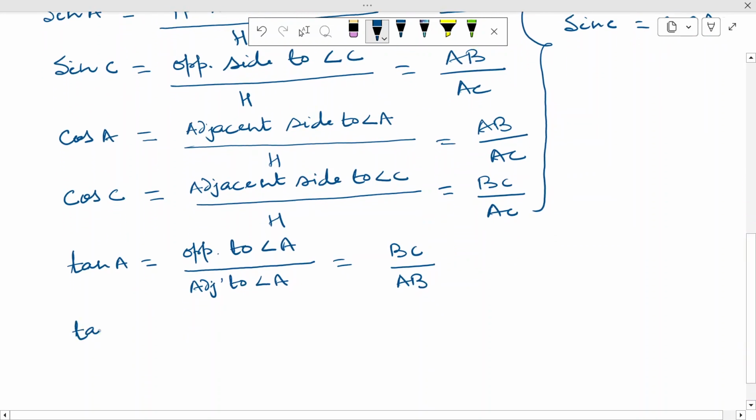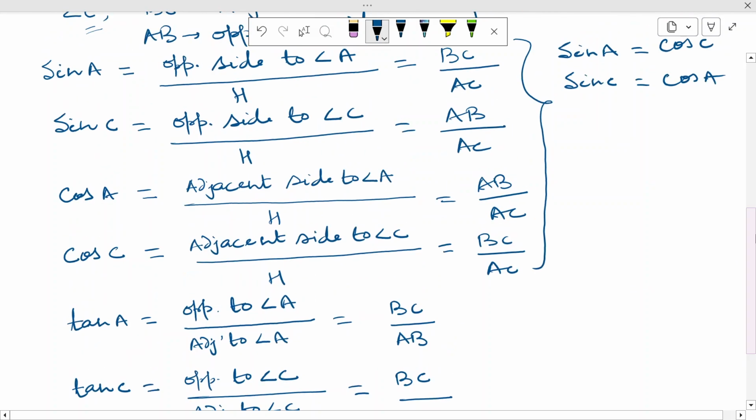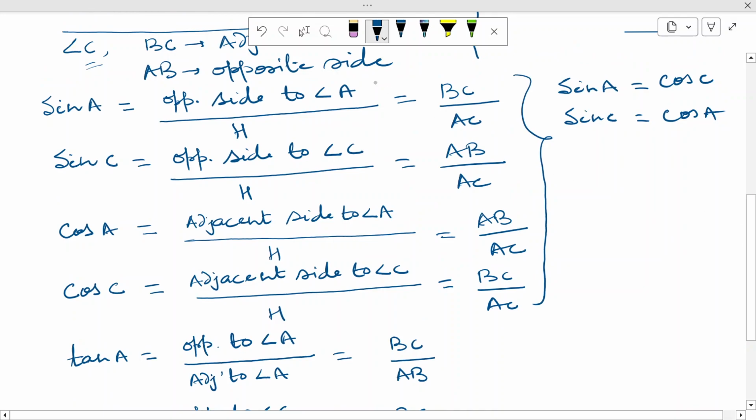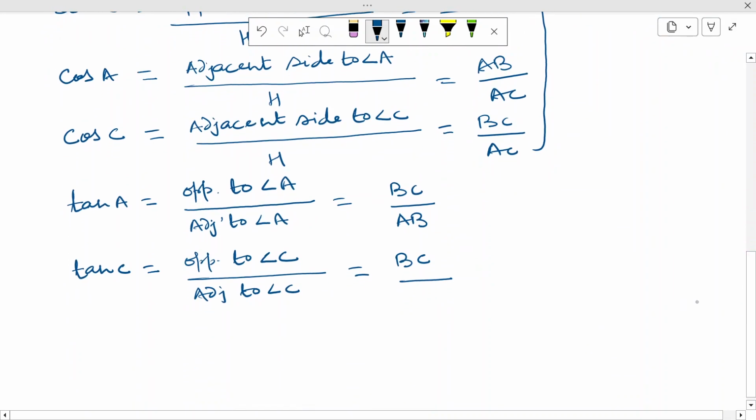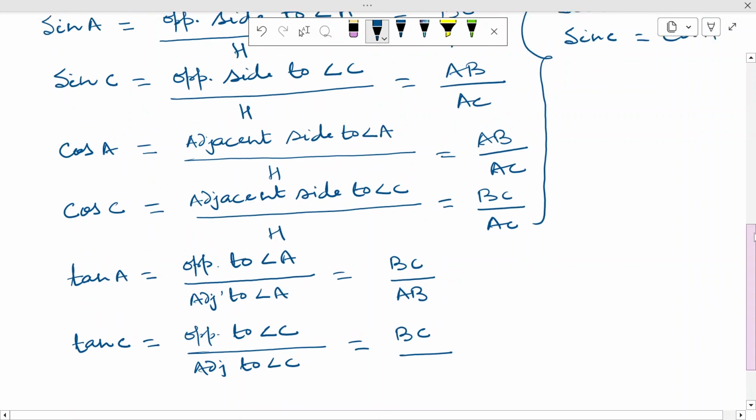Now similarly, if you want to obtain tan of angle C, this will be the side opposite to angle C divided by the side adjacent to angle C. Let's once again check this.